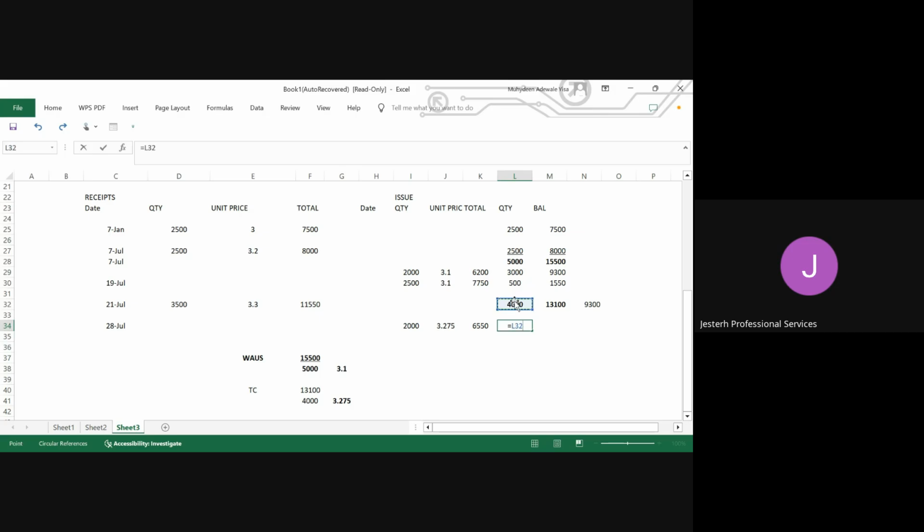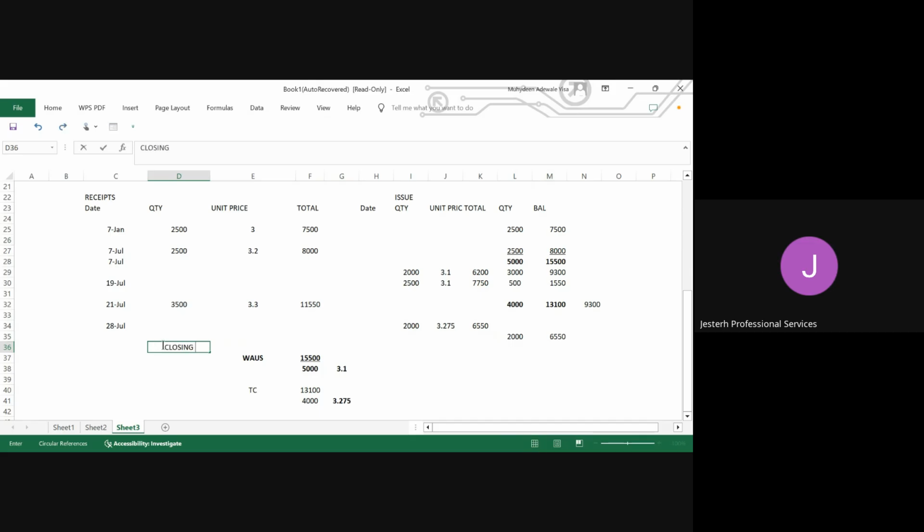Now, after we issue out another 2,000 from the 4,000 that we have in the store, how many do we have left in the store? It means we are having 2,000 left in the store. At what value? This minus this. So now this is our closing inventories. Let me move it down. This is our closing inventory.